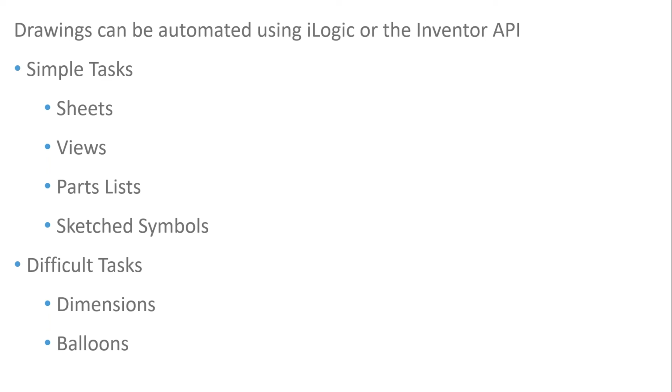The effort may be substantial enough that you say, I'll create automation that puts together all the sheets I need for a particular configuration, lays down and scales the views, and throws down a parts list, bill of material, and border. But I'll allow my end users to place the dimensions or balloons, because they have the intimate knowledge of our designs to do that rapidly, and it's not as difficult if they already have the sheets and views in front of them.